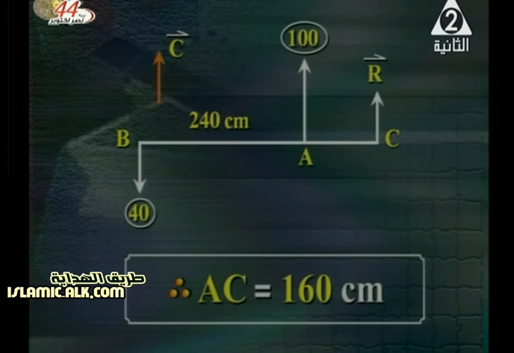This 60 Newton acts at point C. Where is C? C is 160 centimeters from A, or 400 from point B.